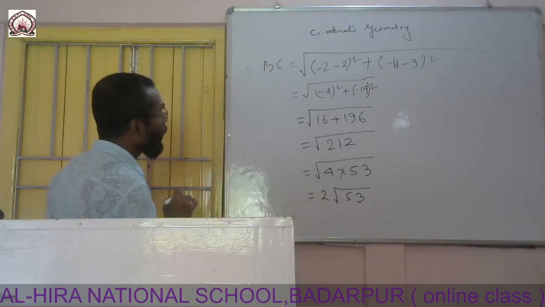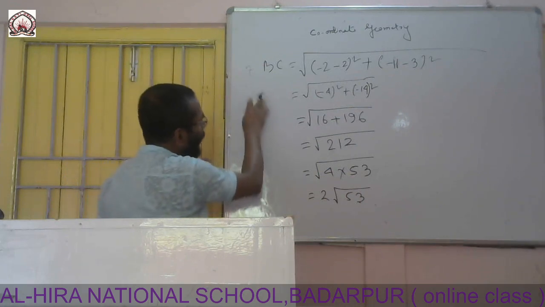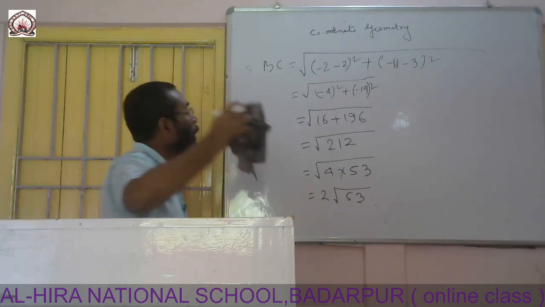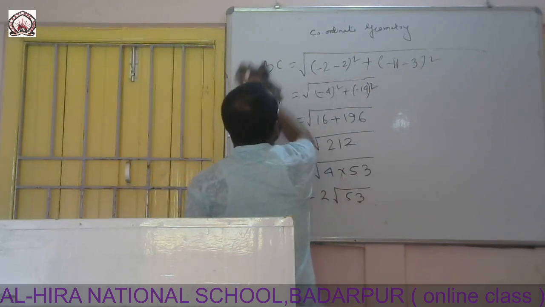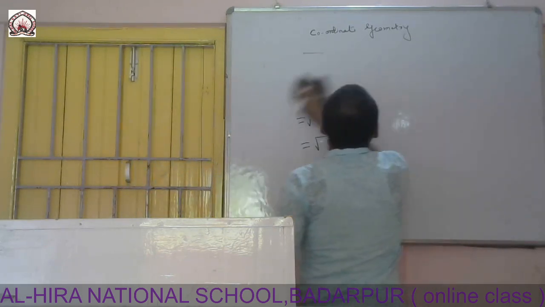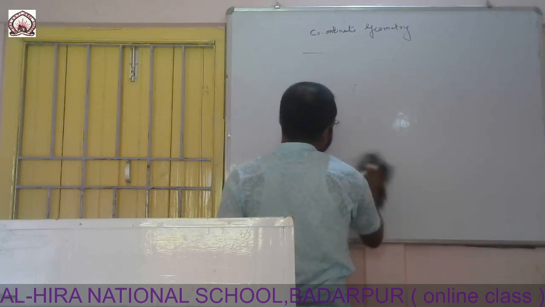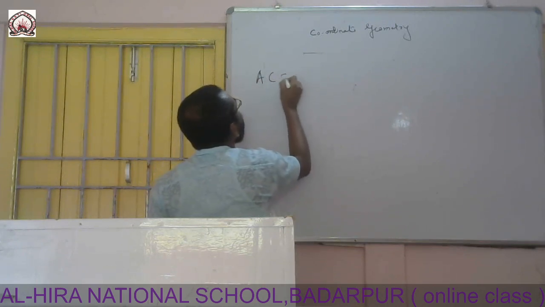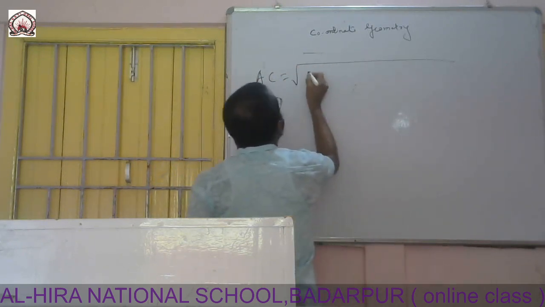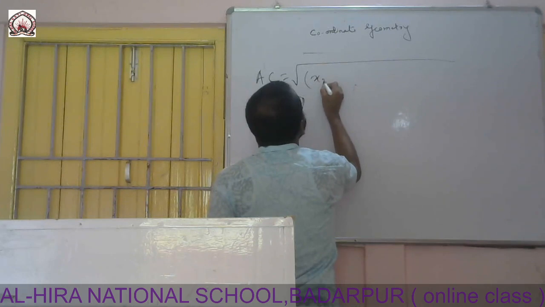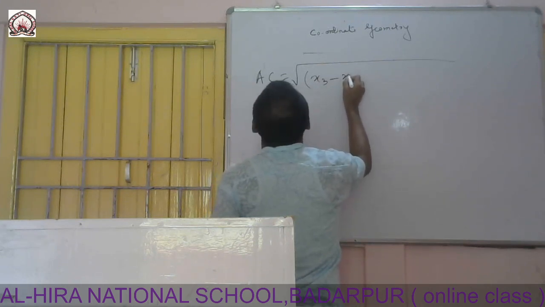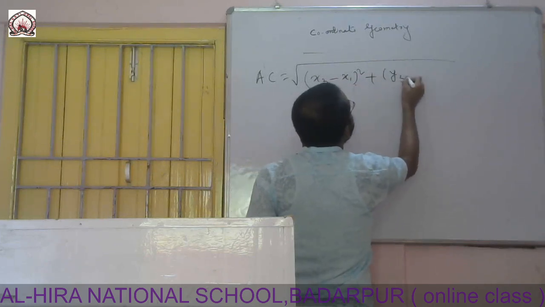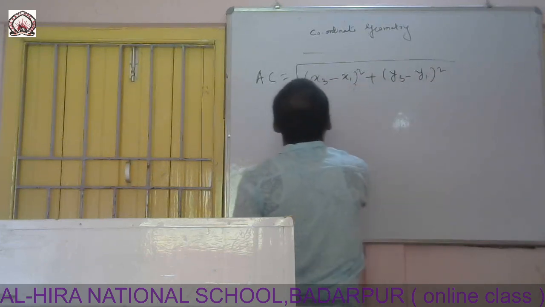We have found AB, and now we have got BC. Now we have to find out AC. AC will be again square root of (x3 minus x1) whole square plus (y3 minus y1) whole square.